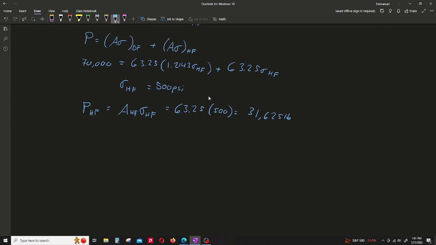And then it'll be real quick and easy to find P DF. P DF is just equal to the total P minus that P HF, which is 70,000 minus 31,625, which gives us 38,375.